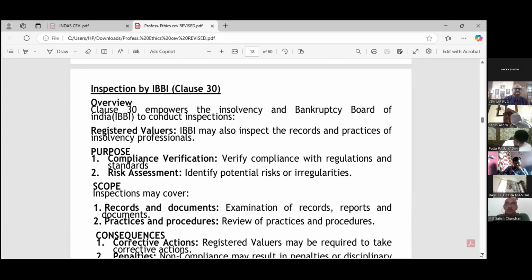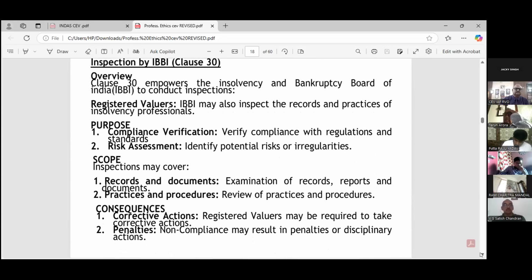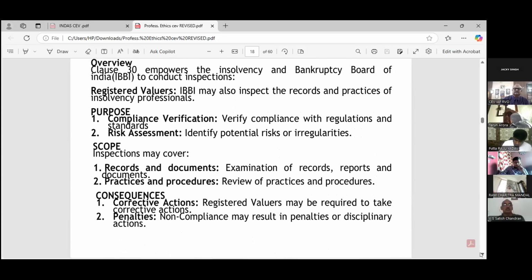Registered valuer: IBBI may also inspect the record and practice of the insolvency professional. The purpose is compliance verification. You have to verify compliance with the regulations and standards. You also have to see the risk assessment, that is, identify potential risks and irregularities in the inspection.